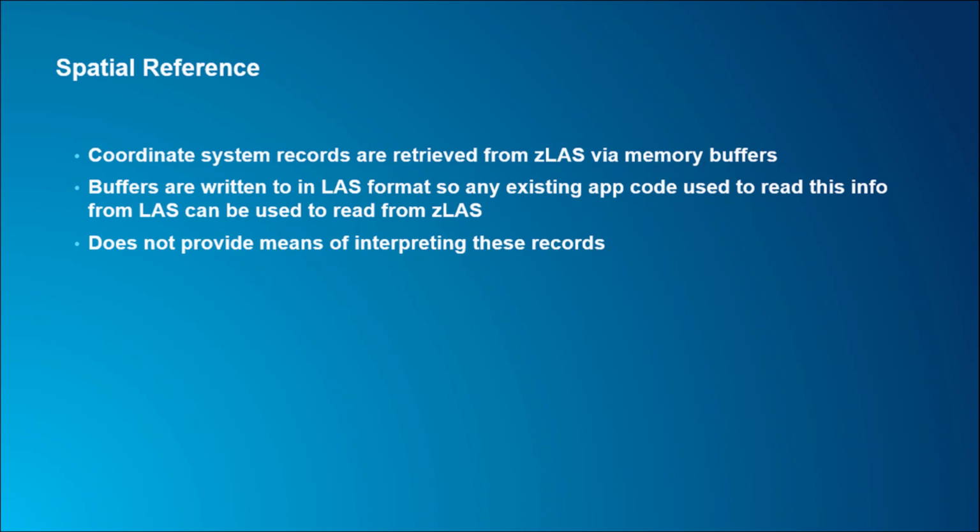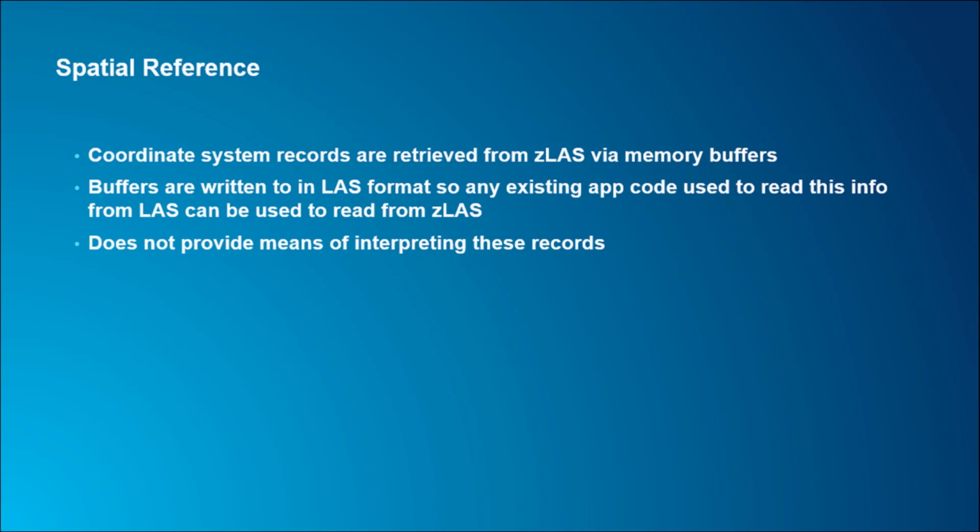That did get upgraded, and it's easier with 1.4 files using well-known text format for spatial reference, WKT. But in either regard, we don't decode the spatial reference information for you. That's something that you'll have to handle. We give you the information in memory buffers, and then you're responsible for interpreting that information.